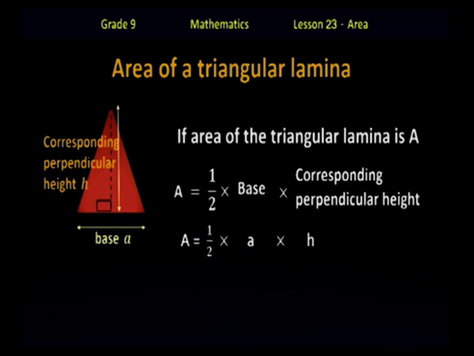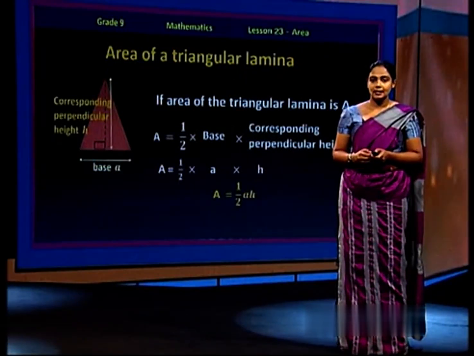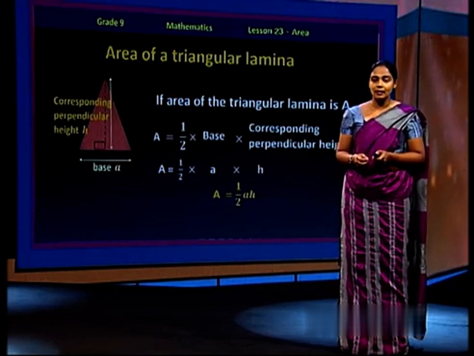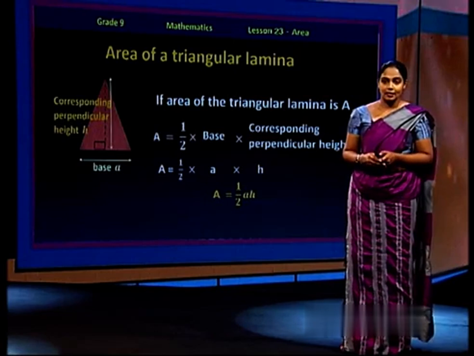Here the base is denoted by symbol a. Perpendicular height is represented by symbol h. Last, we can write area equals half ah. Dear students, we recalled finding the area of a square, a rectangle and a triangle. Now let's solve these problems.